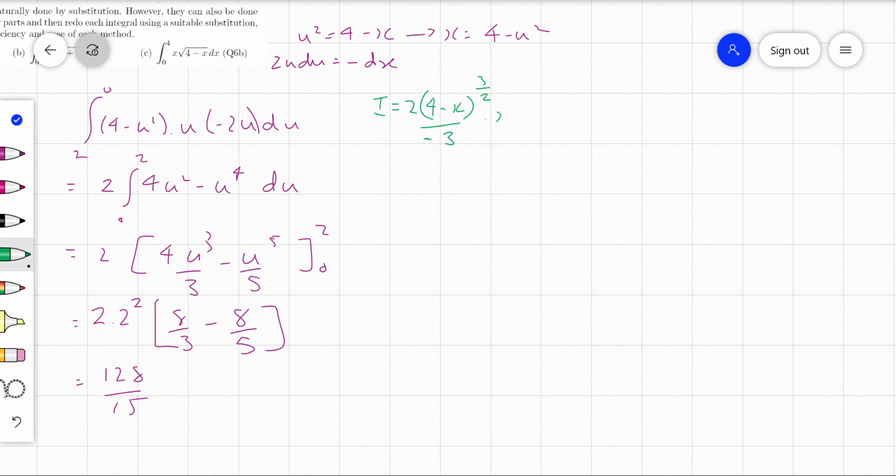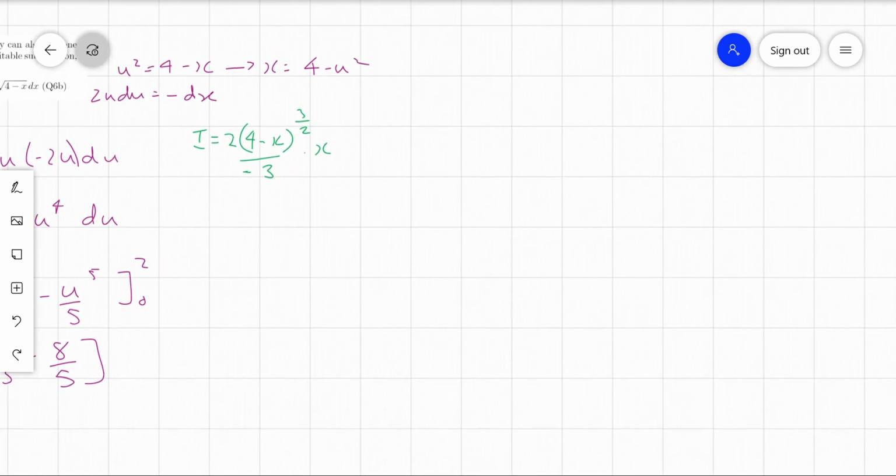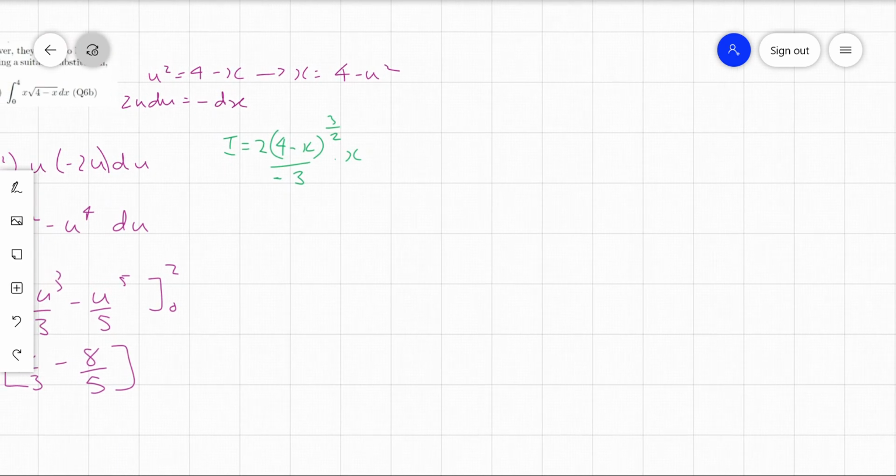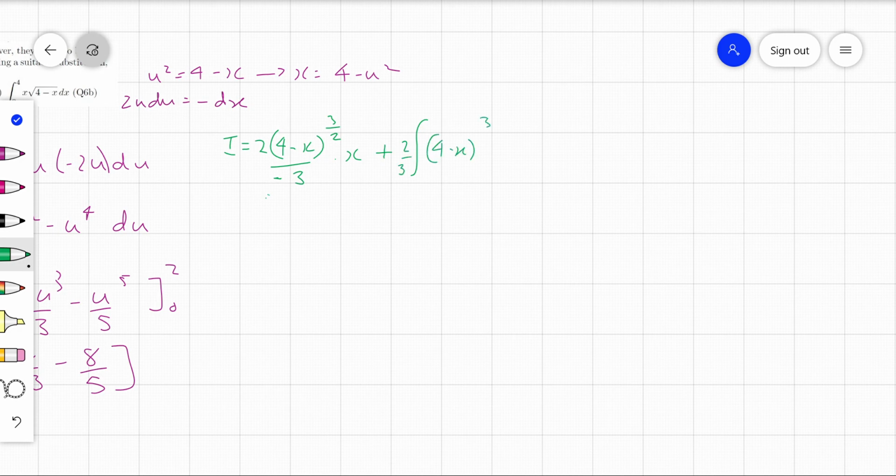And then just leave the x. All right, so just put it there so we can see it. Minus, except there's this minus down here with the minus 3, so that is going to become a positive. I'll keep the 2/3 outside. I've got 4 minus x to the 3 on 2, and I'm differentiating that x so it becomes 1 dx.